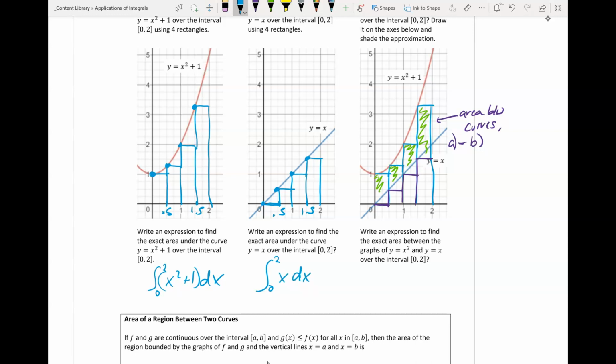So if I want to find the area between them, I would just take these two integrals and subtract them, which is the following under one integral.